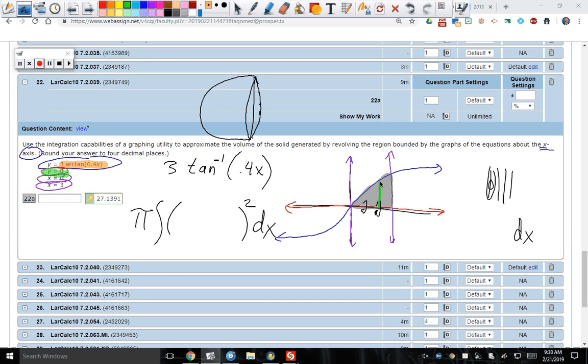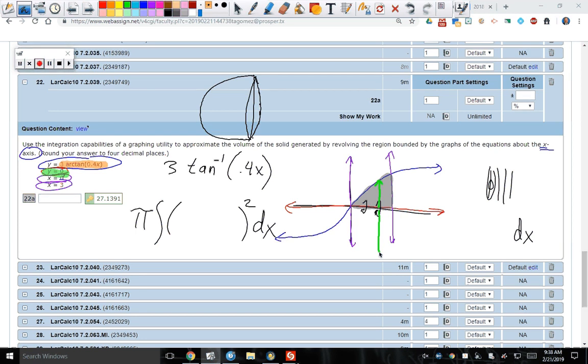My point is, I drew it intentionally from the axis of revolution to the outermost function. And the reason why I do that is because sometimes we will have to go down to get to the outermost function. But if you always start from the axis of revolution, you'll do it correctly as far as how you set up your big R versus your little r.